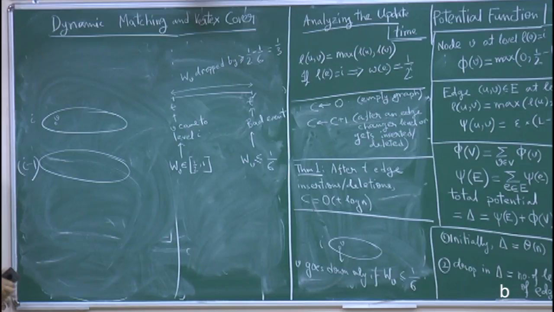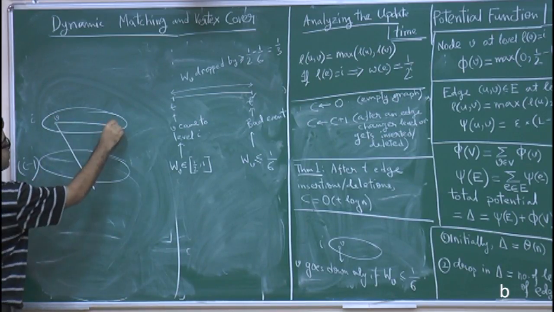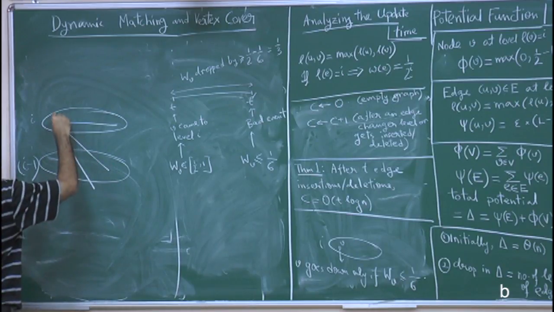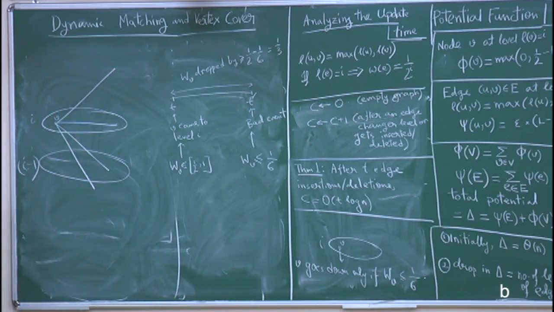How can this happen? It can happen because of only two reasons. What are the reasons? Some edges incident upon V got deleted, that is one. What can be the other reason?